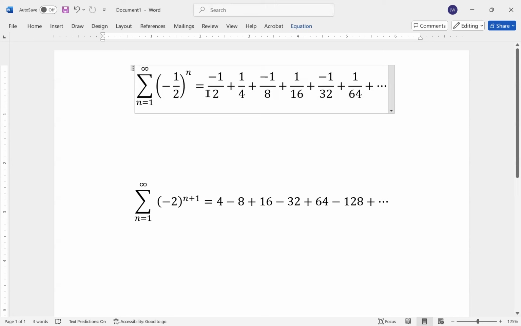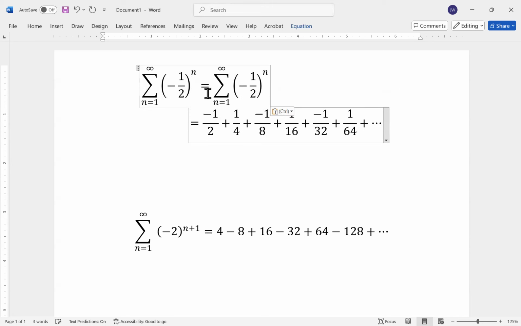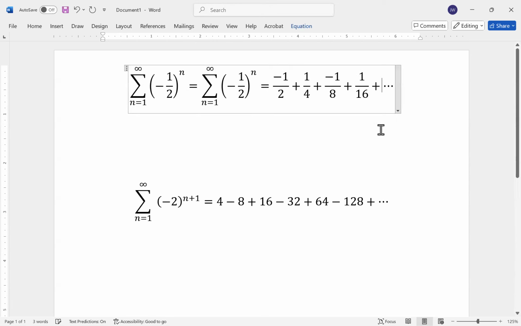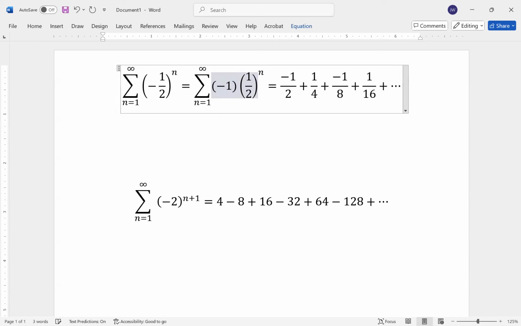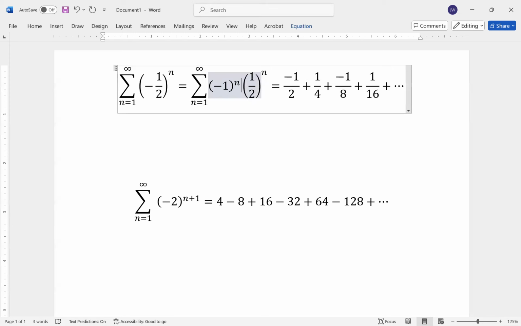Basically, what I need to be able to do is write this series as a positive component, all times (-1) to the nth power. So I can factor out that -1, but remember the -1 is being raised to the nth power. So notice my series is (-1) to the nth power times this part, this (1/2) to the nth power, which is positive.